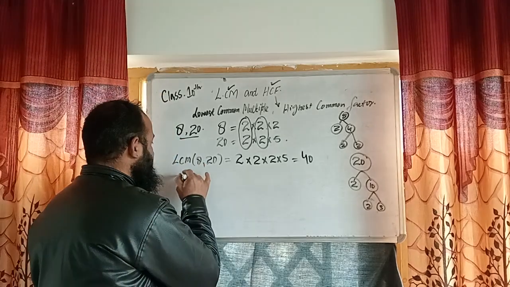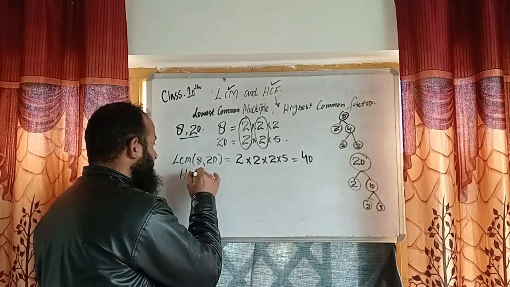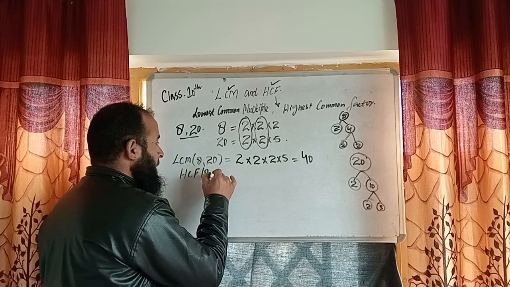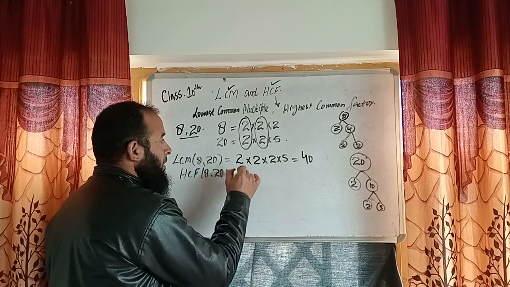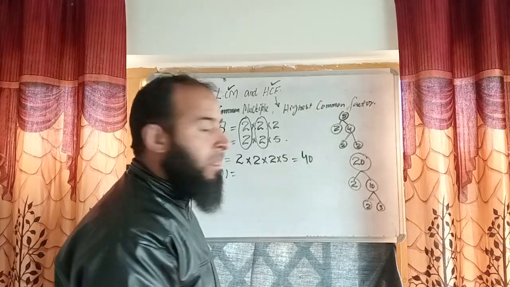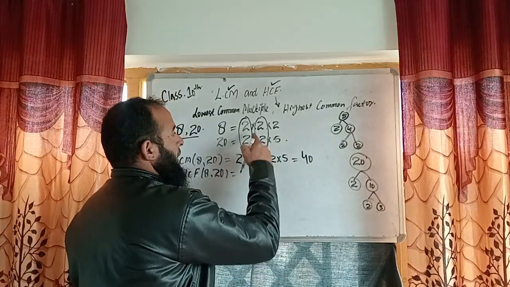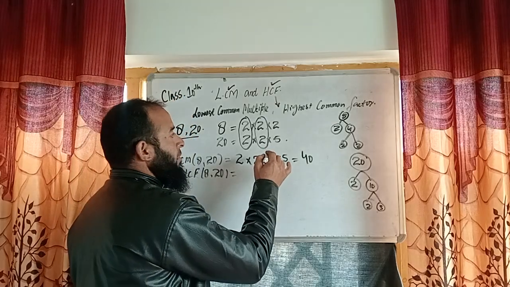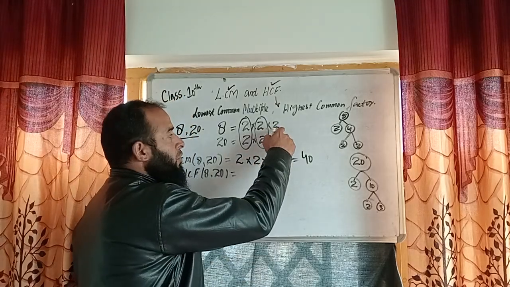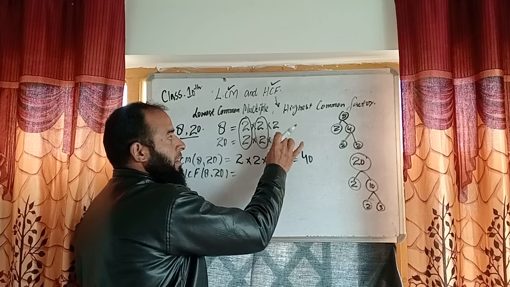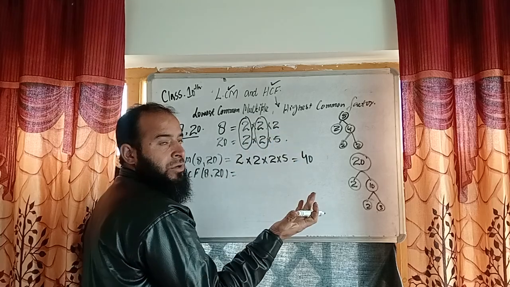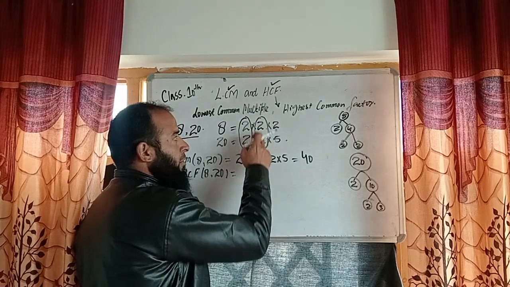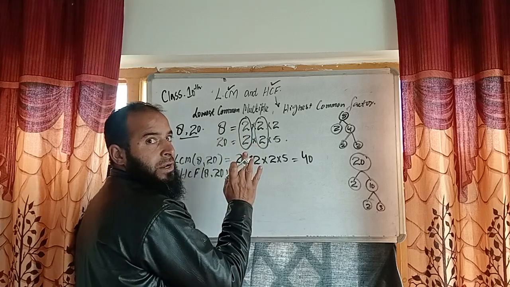And what is the HCF of 8 and 20? It is simply the highest common factor. 5 is not a common factor. 2 is a common factor, and this 2 is also a common factor.